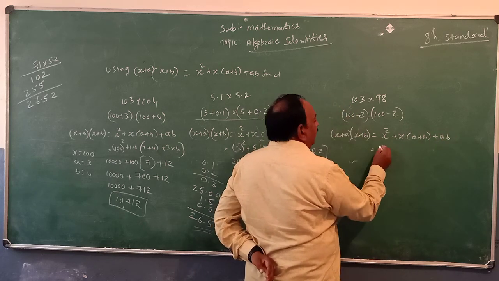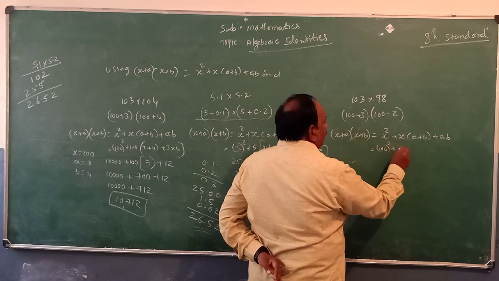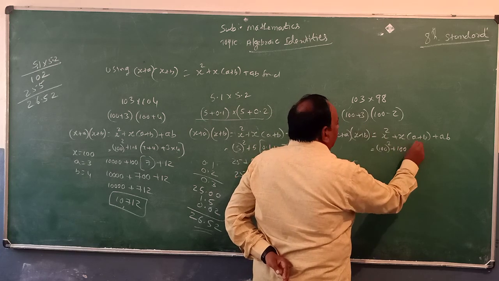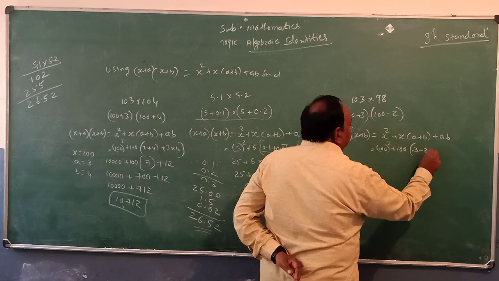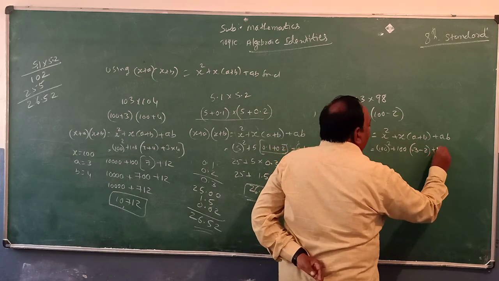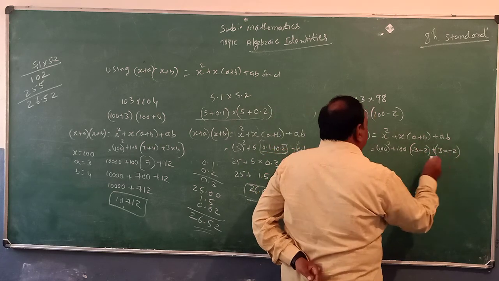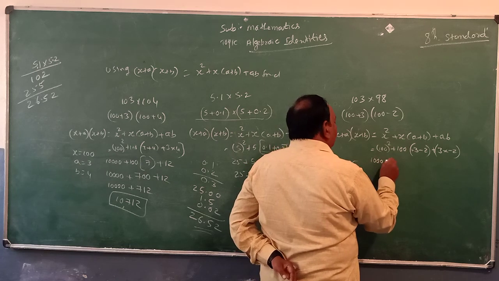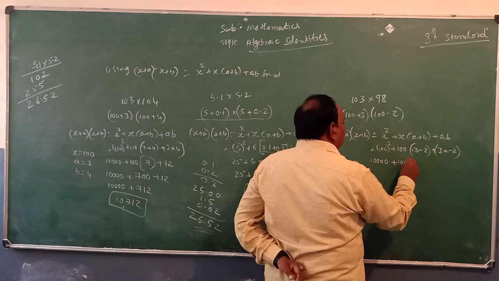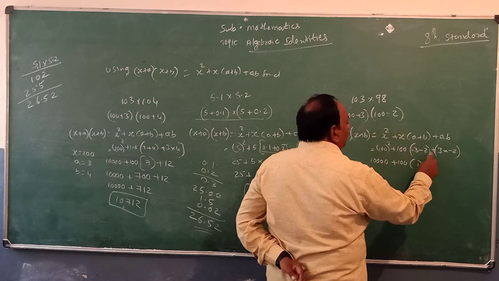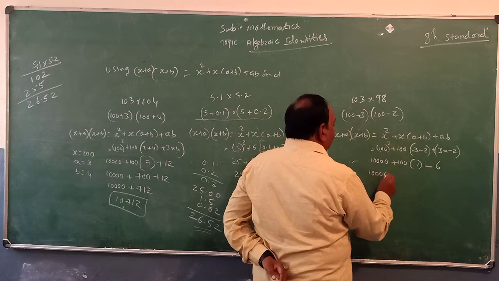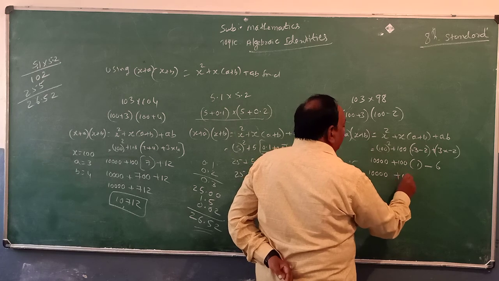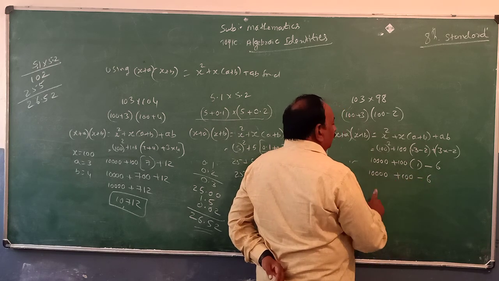What is x? x is 100, so 100 squared. a plus b is 3 plus minus 2, and ab is 3 into minus 2. That is 10,000 plus 100 into (3 minus 2), which is 1, minus 3 twos are 6. So 10,000 plus 100 minus 6.